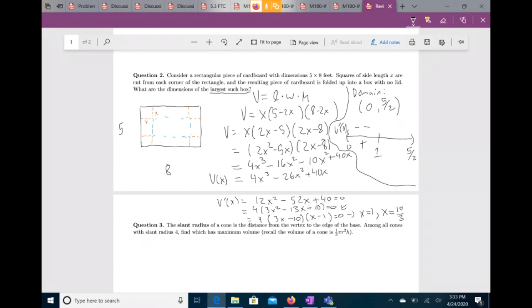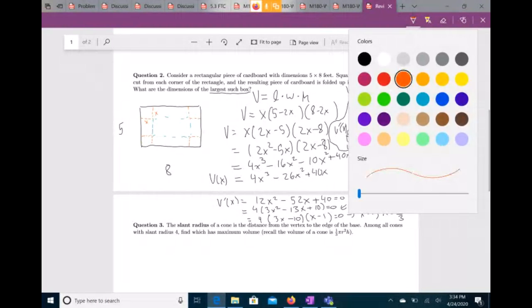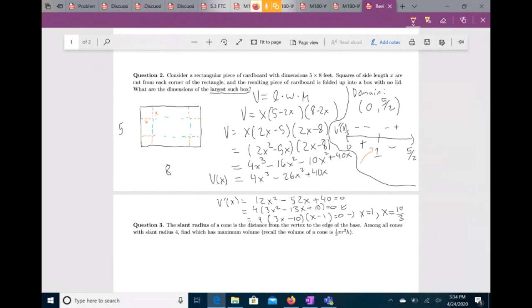And if I plug in something to the right of 1, I'll get a negative and a positive, which means the overall sign is negative. Okay, so my function goes from increasing to decreasing. All right, so 1 is a local max, and that's basically our answer when x is 1.